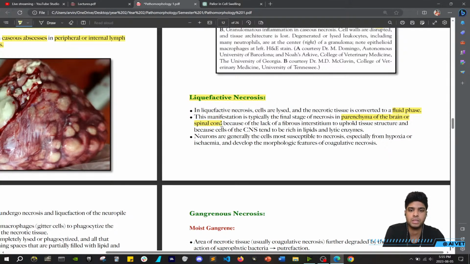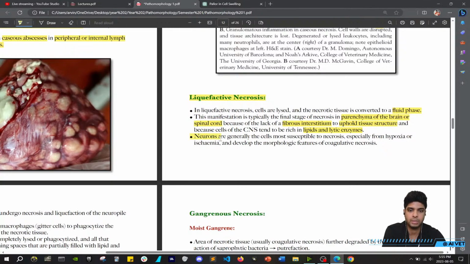This is seen especially in the spinal cord and the brain because these tissues do not have any fibrous interstitial structures, so basically they just melt away after the final stage of necrosis. They cannot uphold the tissue structure, and they are rich in lipids and lytic enzymes.